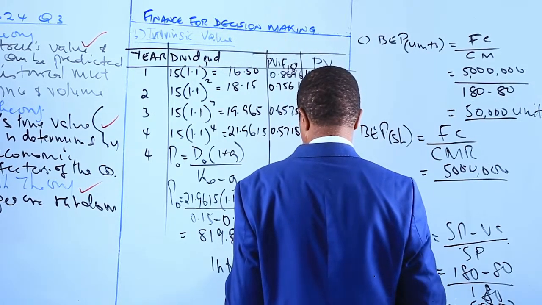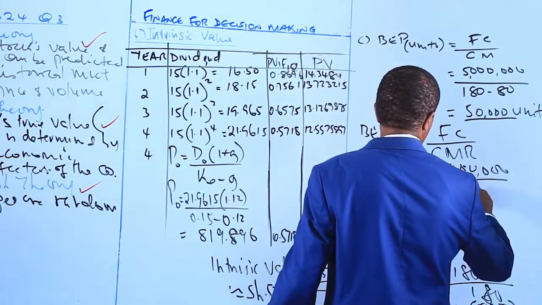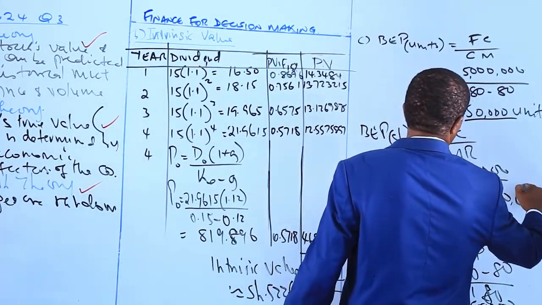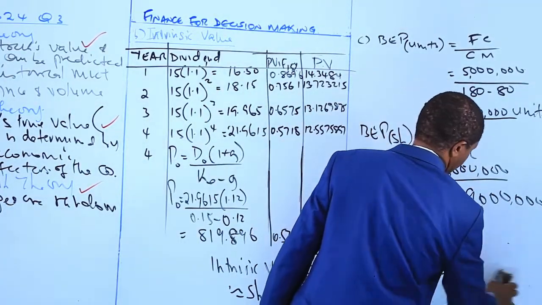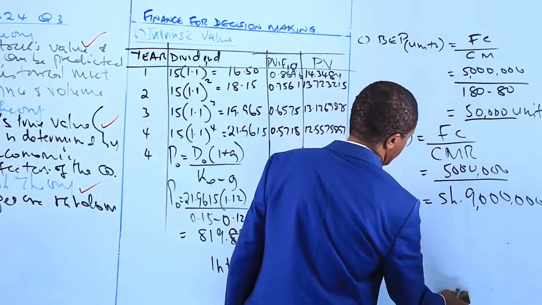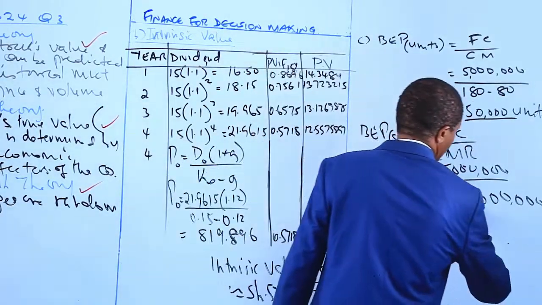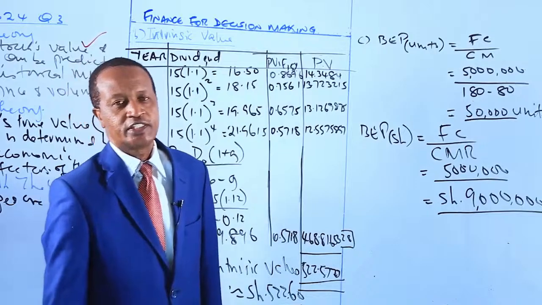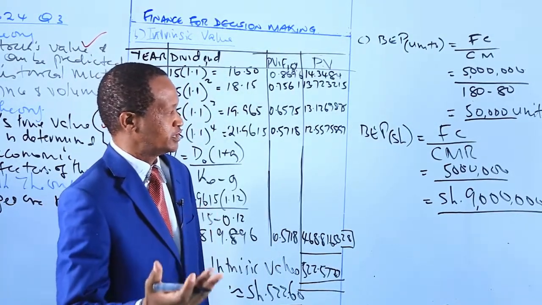So roughly I'm getting 9 million. When I round off in shillings, this will be 9 million. That is the break-even point in shillings. The break-even point in shillings is equal to 9 million shillings. So that is how candidates will calculate the break-even point in shillings and in units.